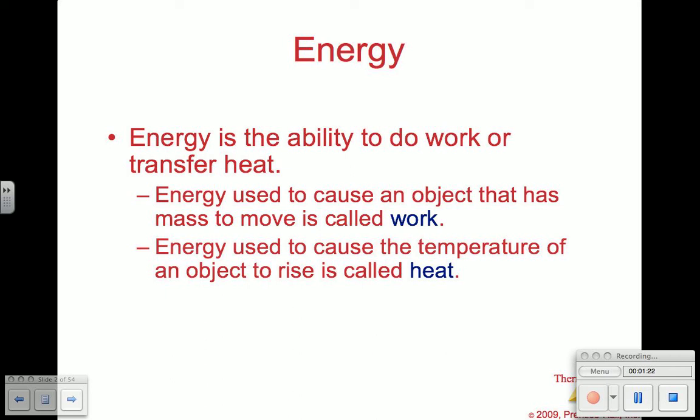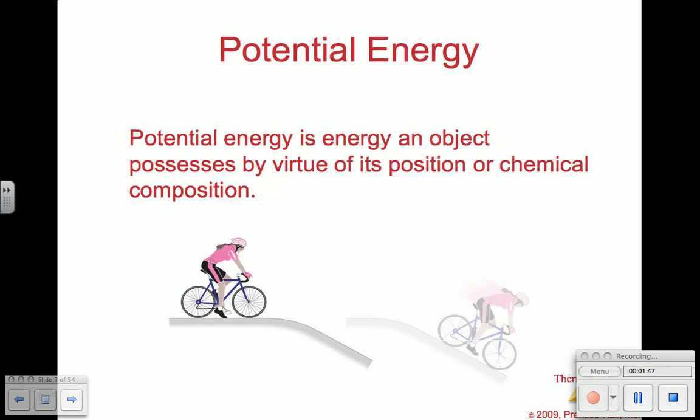And then energy is also used to cause the temperature of an object to rise. So that type of energy is referred to as heat. So we're getting the basic terms of work and heat, and we'll apply them in a chemistry fashion. But keep in mind, these are actually fundamental physics terms that we then apply within a chemistry context.